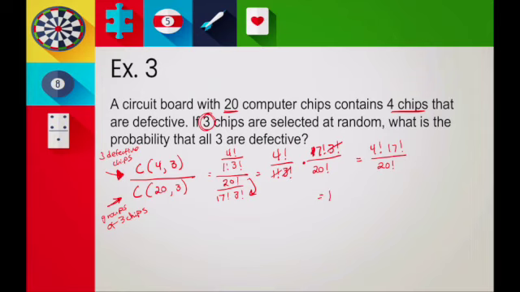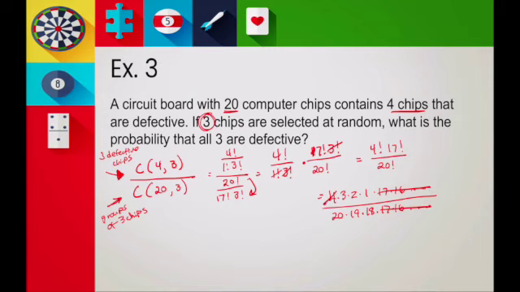And so this is 4 times 3 times 2 times 1 times 17 times 16, and so on, over 20 times 19 times 18 times 17 times 16, and so on. So these 17, 16, and so on cancel out. And we have 4 times 3 times 2 times 1 over 20 times 19 times 18.